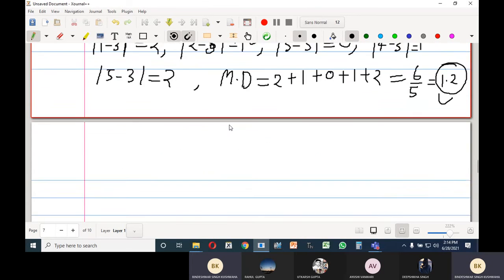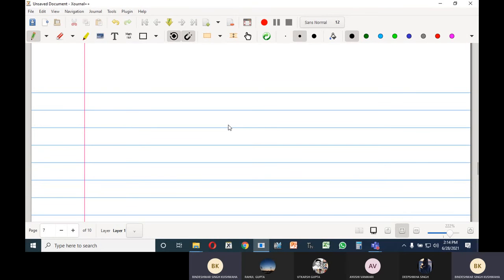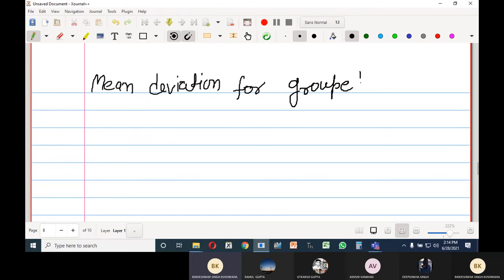Okay. What if you want to calculate for grouped data? Mean deviation for grouped data. So I am going to write here: mean deviation for grouped data.